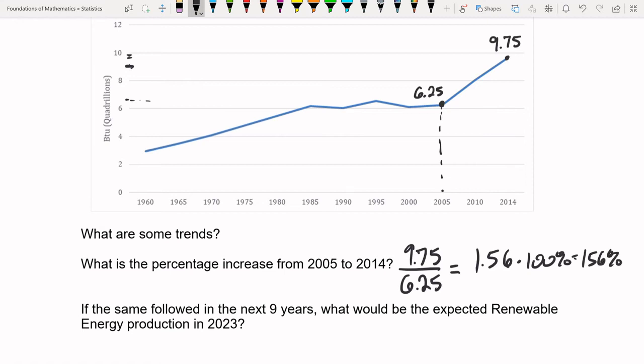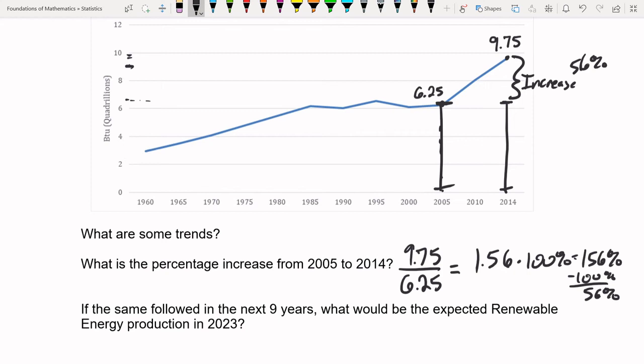But we want to take off the same portion, which is this portion and this portion here, because we only care about the increase. That's why we take off 100% from this. And so we get a 56% increase. That's what this right here is, a 56% increase on 2005's numbers to get 2014.